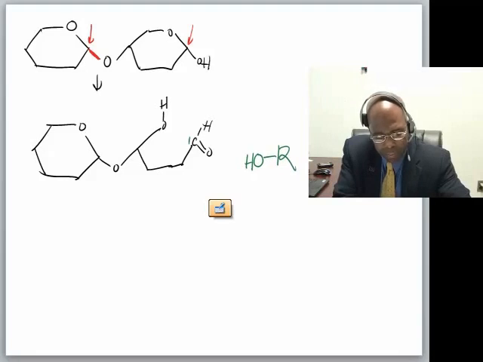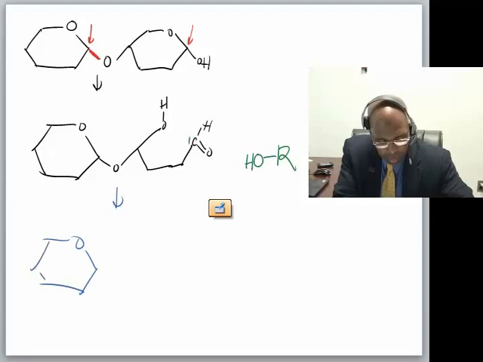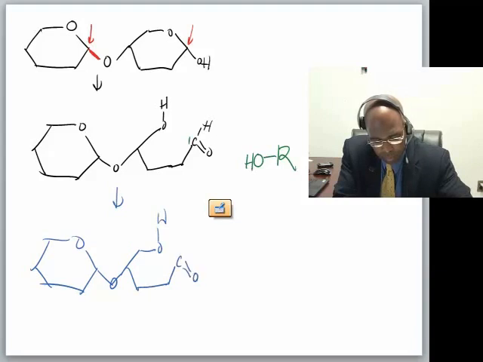Carbon 1 can become oxidized. Okay, I'm going to show that product here. Carbon 1 can become oxidized here. And so it can basically take this oxygen away from whatever this species is.